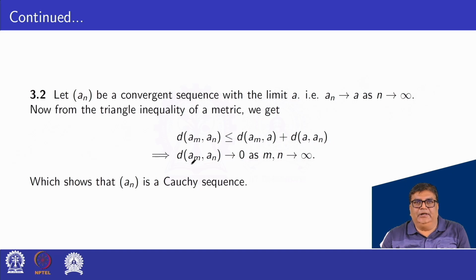This implies that d(a_m, a_n) tends to 0 as m, n tend to infinity, because d(a_n, a) tends to 0. Both terms tend to 0 as m and n tend to infinity. That is, d(a_m, a_n) tends to 0. We showed that a_n is a Cauchy sequence as per the definition of Cauchy sequence.